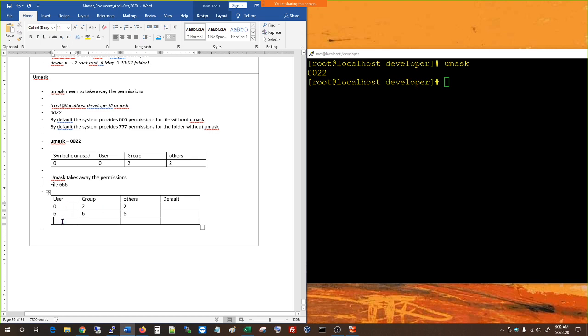Let's do the math. 6 minus 0 is how much? 6. And 6 minus 2 is 4. Good, 4 and 4. So the default would be 644, where the system default is 666 and the umask is 022.